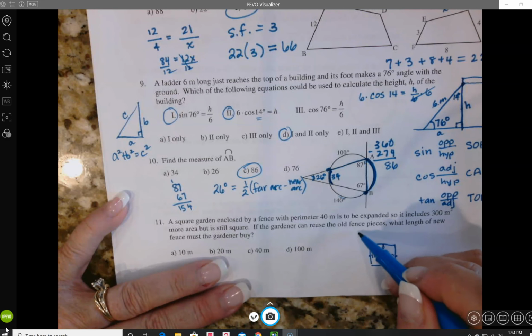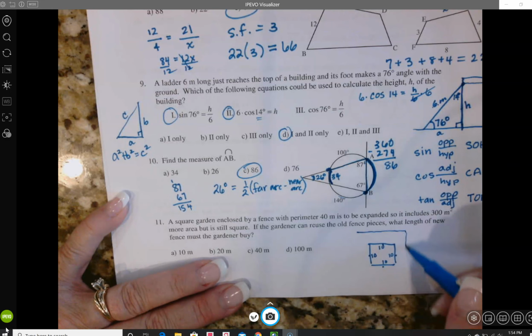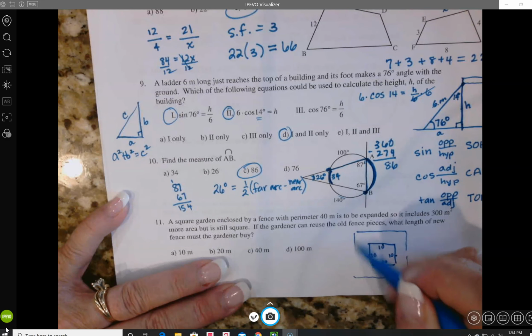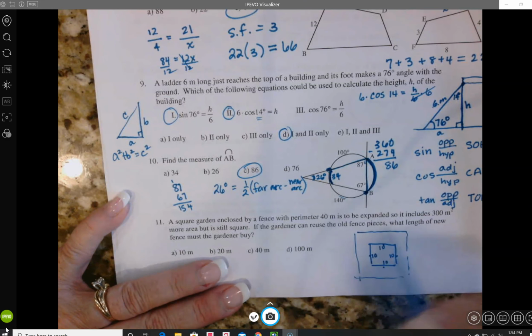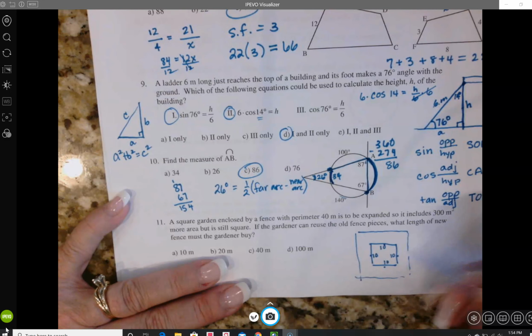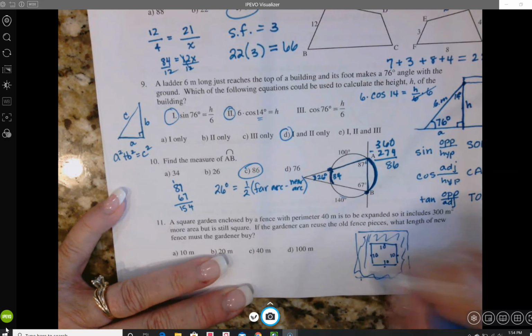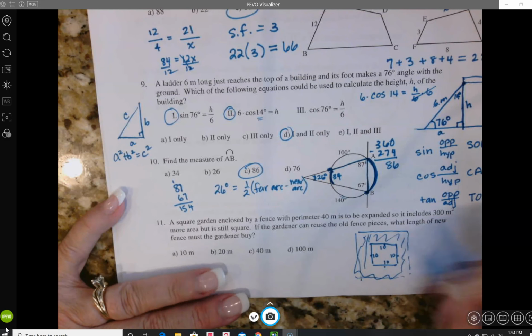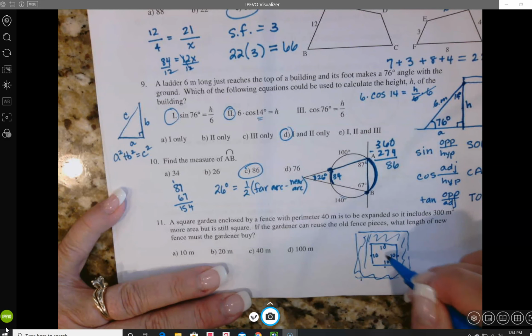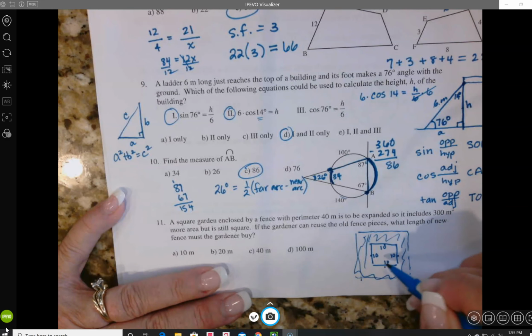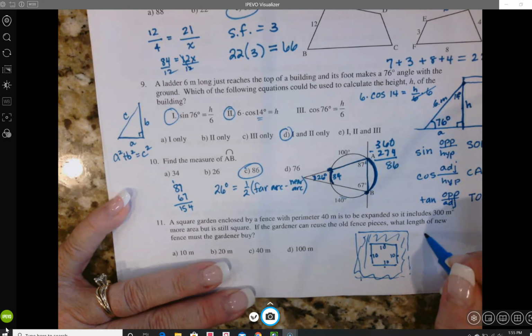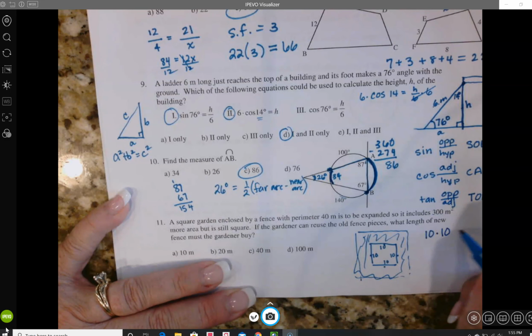The new area is going to be 300 meters squared more. So this area out here is going to add 300 extra square meters of area. So what is the area inside the little original garden? Well, remember, area of a square, we just do side times side.